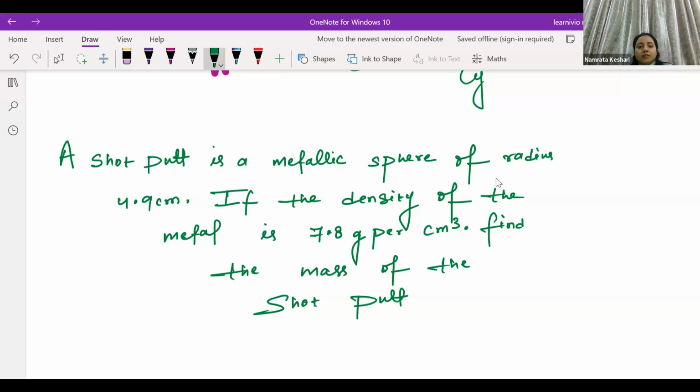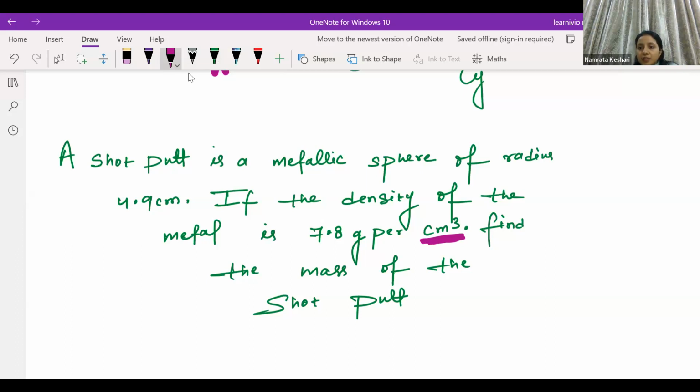Okay, let's see what we need to do over here. If this type of question comes in the exam, then one thing you must notice, if you are not getting which concept the question is from, whether we are supposed to find the surface area or volume, then you must notice this unit.